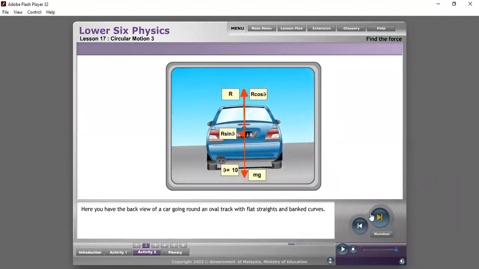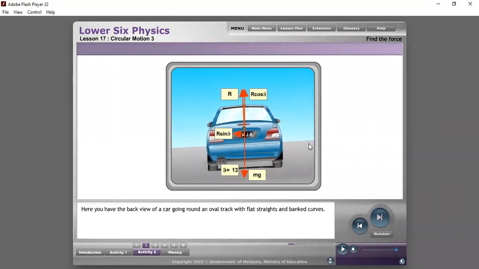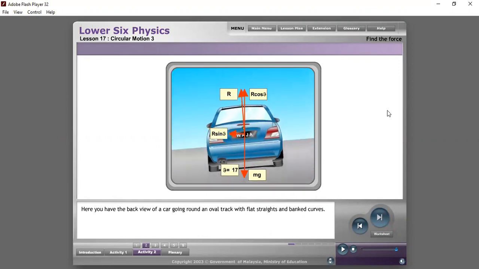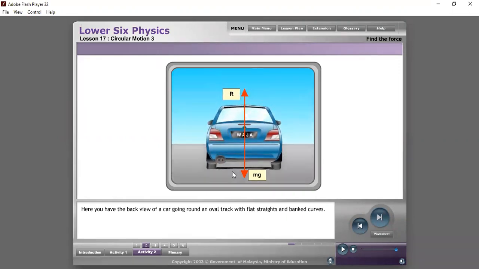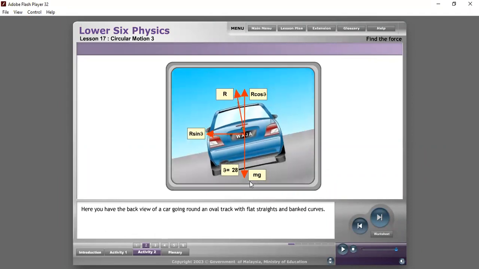So now we notice that if the car is moved on a plane surface, it will just have the mg only. According to Newton's third law, there will be a normal reaction.